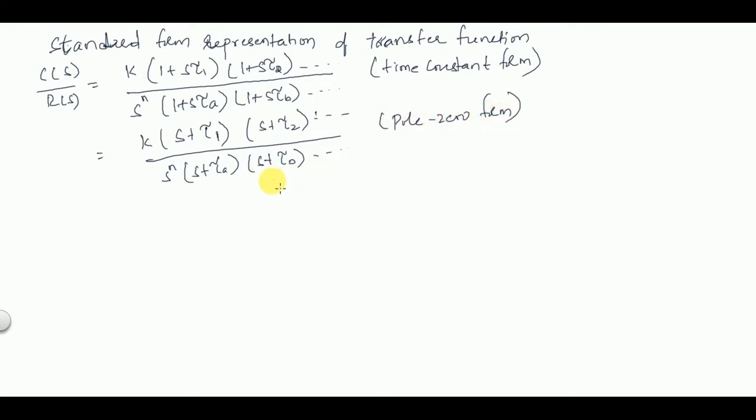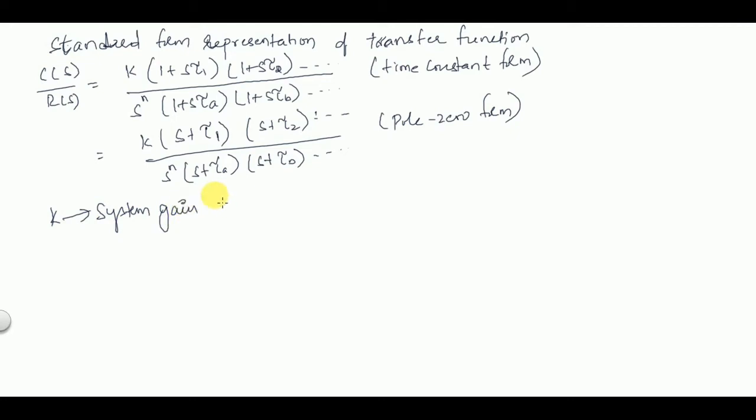Okay, so this representation is called time constant form, and this representation is called pole zero form. You can represent in both forms. Generally this k is called the system gain.